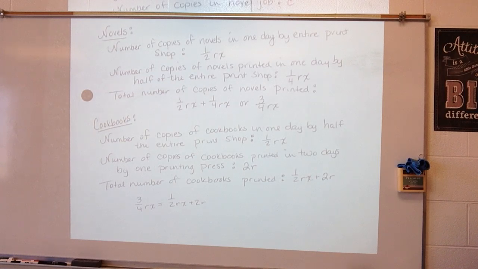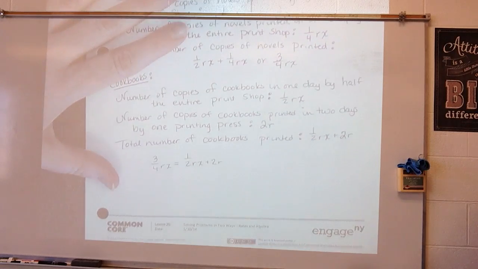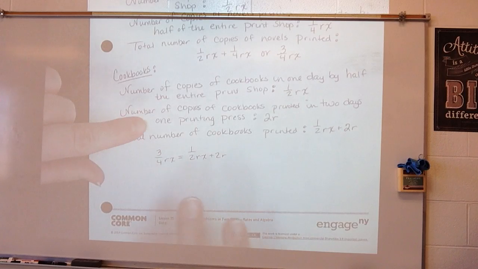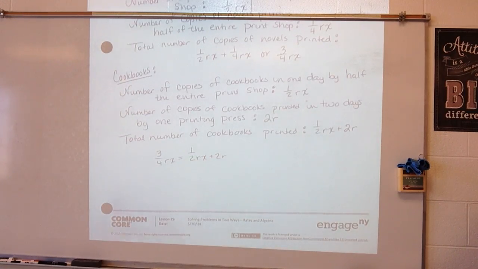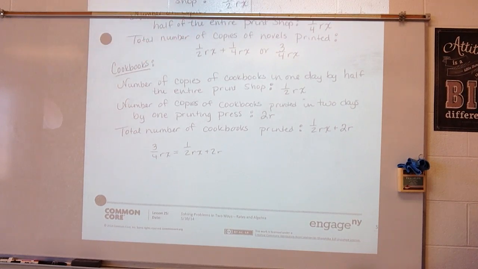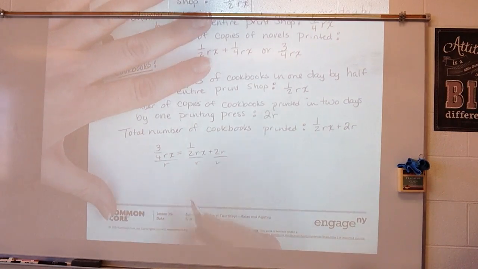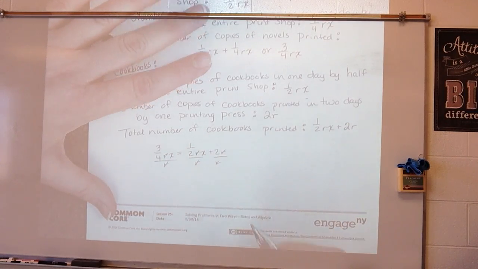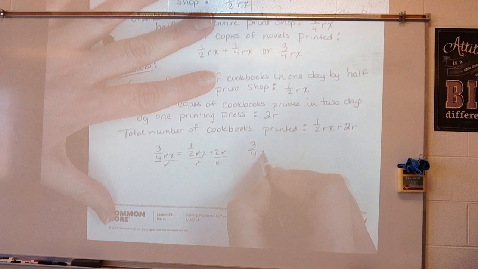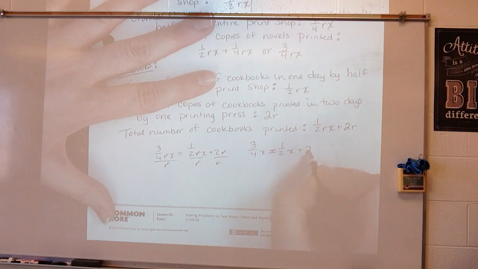Since R is known not to be 0, we can divide both sides of the equation by R and solve the resulting equation for X. Everything has an R in it, and dividing R by R is basically 1, so that cancels them out. I'm left with 3/4 X plus 1/2 is equal to 1/2 X plus 2.